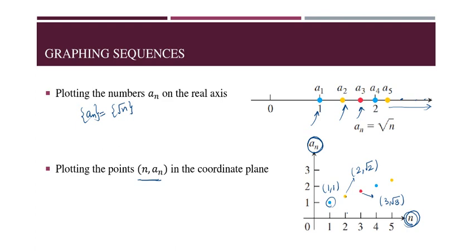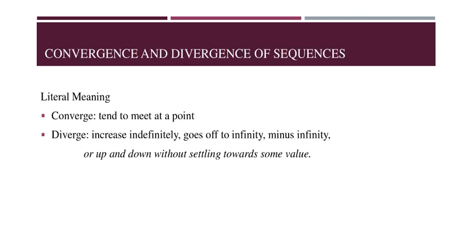Okay, now let us see what is the convergence and divergence of a sequence. The literal meaning of convergence is, converge means tend to meet at a point. When you are tending to meet at a point, I'm saying a point, not 2 points, then we say that this is convergence.